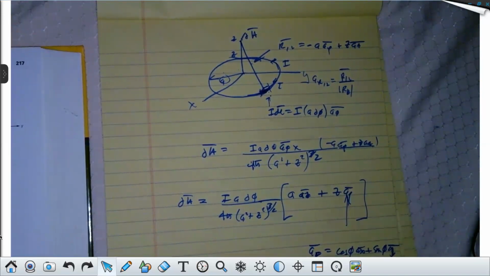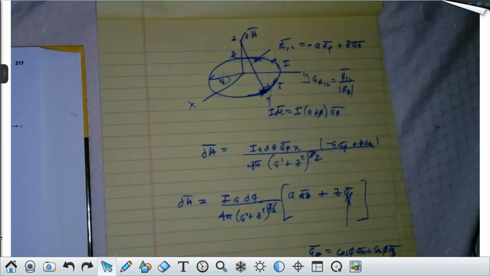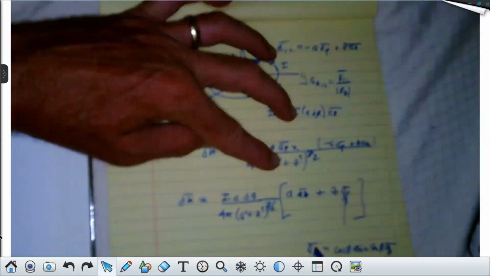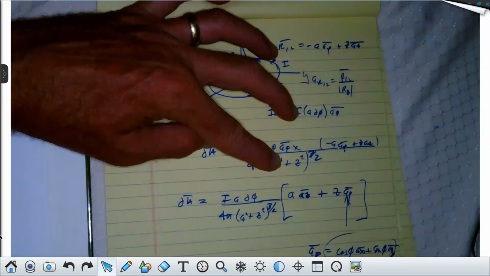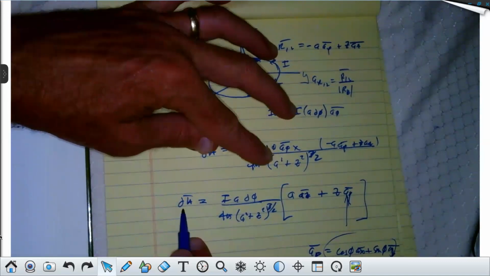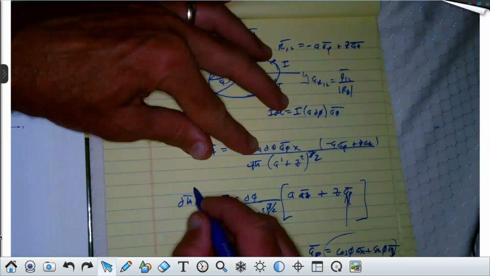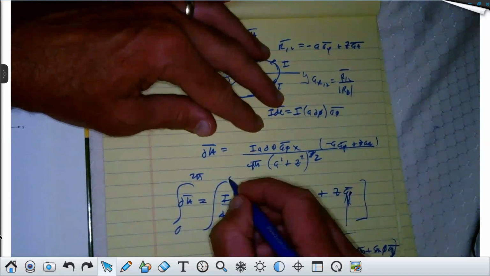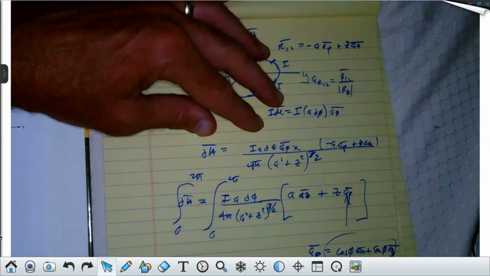Because remember, when you say A rho, it's not at a unique angle, it's for all angles, isn't it, class? So you have to break it down like this. And now I'm just going to say this. If I replace A rho with this, I want you to notice when we find the total H field, we're going to integrate this from 0 to 2 pi, right? This would be integrated from 0 to 2 pi. Do you agree with me?